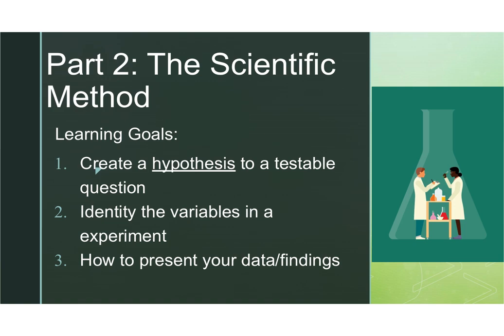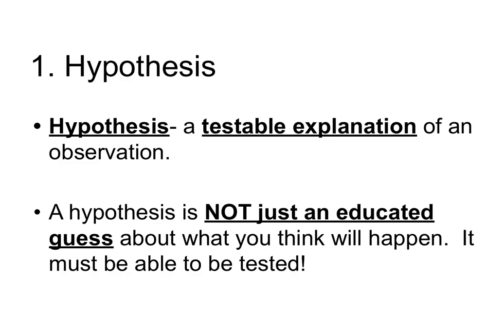Now, we will continue working with the scientific method as we go through the year, but let's go over some of the big fundamental things. Every lab has to start with a hypothesis, but even before the hypothesis, add this to your notes: we also want to form a testable question. In other words, why are we doing this lab?